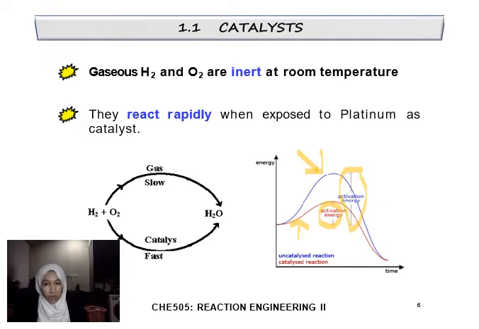For the reaction without catalyst, we can see that the activation energy is higher compared to the reaction with catalyst, which has a smaller activation energy. So if a reaction employs a catalyst, the reaction would go faster, and in terms of cost, of course, the lower activation energy would cost less compared to the one without catalyst.